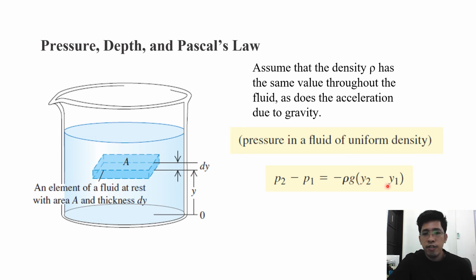There is a derivation of this formula, based on the figure and the forces on the previous slide, which you can look into in the University Physics book if you are interested. But the pressure in a fluid of uniform density is P2 minus P1 equals negative rho g times (y2 minus y1). You can use this to find the pressure anywhere as you change your height y.